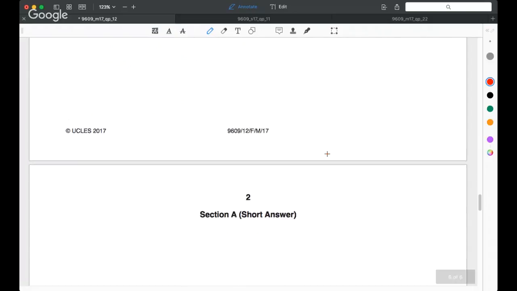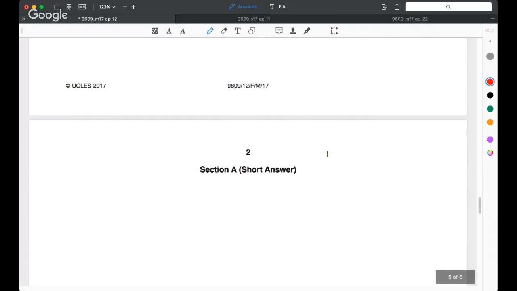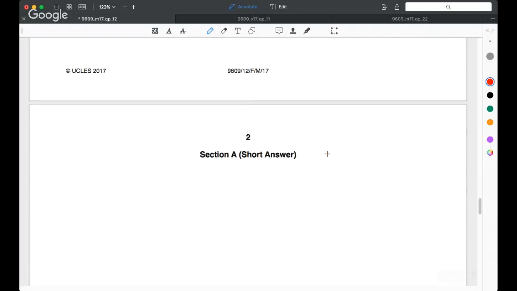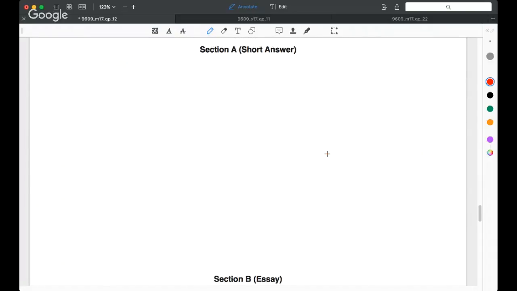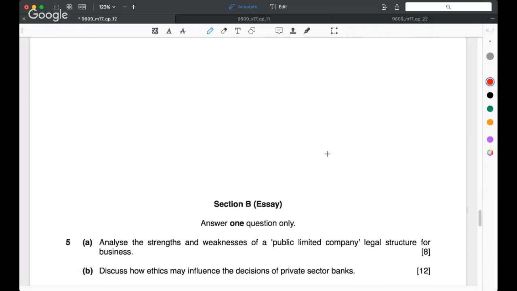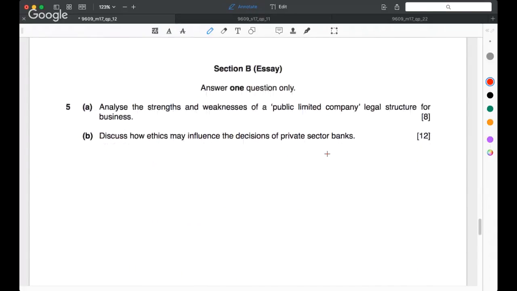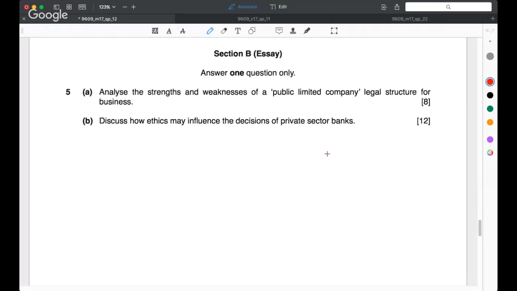Well, things that might include here are a company that can sell shares to the general public on the stock exchange and has limited liability. Strength of that, again, I would suggest that their business is a sizable business, therefore not a private limited company.